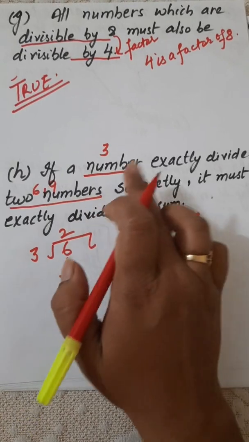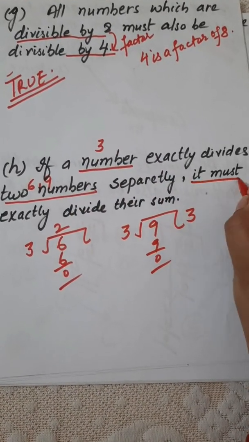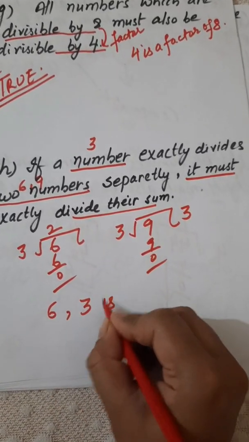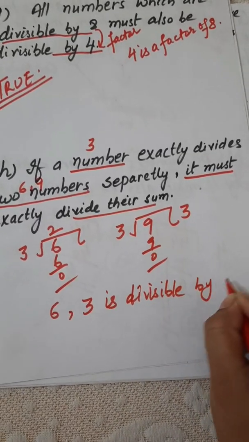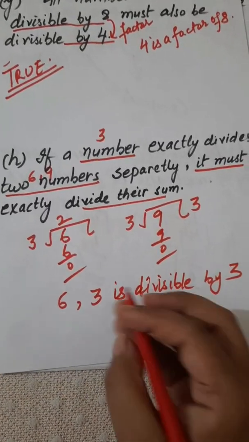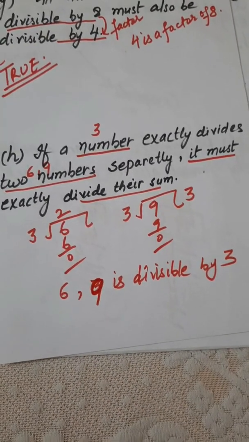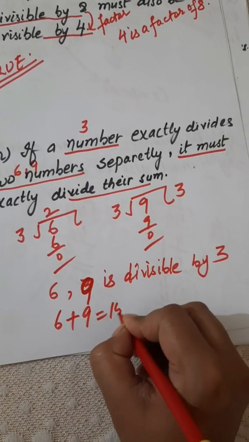If both numbers are exactly divisible by 3 separately, it must exactly divide their sum. If I add both the numbers, 6 plus 9, that is 15.